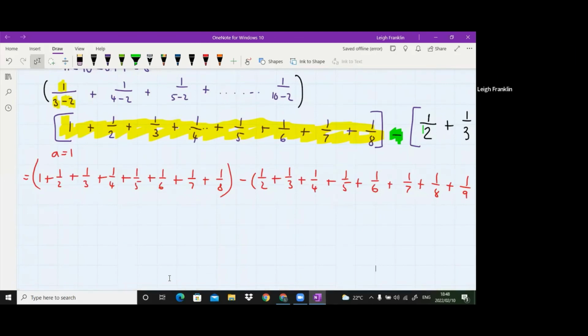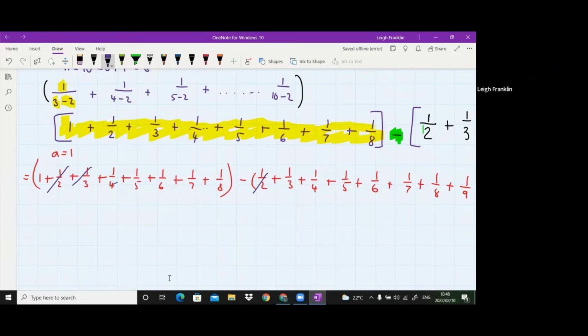What's going to happen to the sign of all the terms in the second bracket? They're going to change. It's going to become minus, isn't it? So what's going to happen to the half in the first bracket minus the half in the second bracket? It's going to go away, isn't it? Yes.